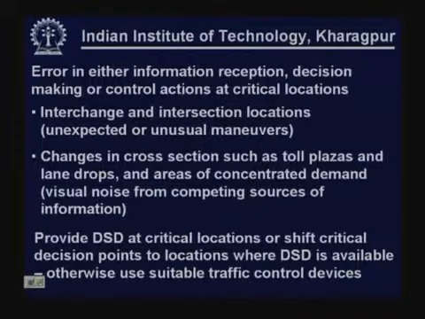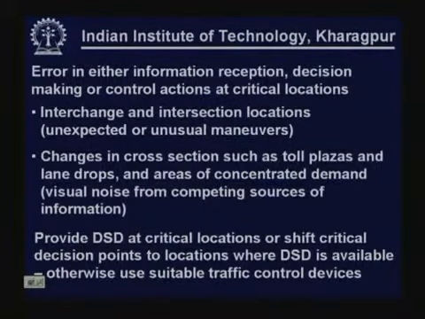Similarly, wherever there are changes in cross section, such as toll plaza and lane drops, and areas of concentrated demand, particularly in urban environment, there could be visual noise from competing sources of information, from advertisement, from other lights, traffic lights. So, with competing sources of information, it may be difficult.